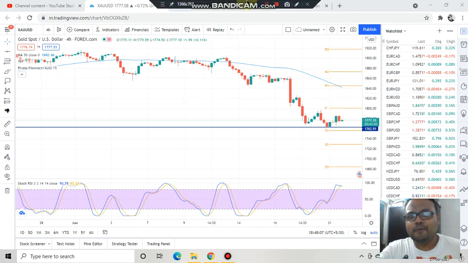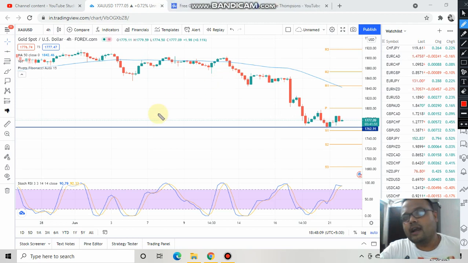And as we all know, the market always moves from higher volatility to lower volatility and lower volatility to higher volatility. So considering the thumb rule of volatility, seeing the volatility of the previous week, there is a possibility that the market will remain sideways or flat for 1 or 2 days, because whenever the market becomes very volatile, after that the market needs to take rest.